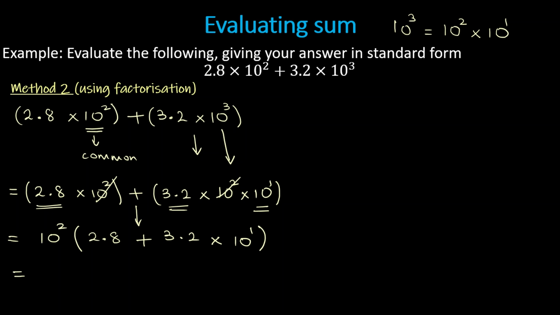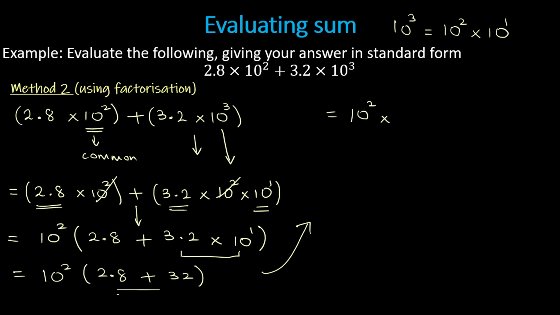Okay, we continue. This is 10 to the power of 2 times 2.8 plus, now this part here, 3 decimal 2 times 10. It is simply 32. Right? So let me continue the question here. This is equal to 10 to the power of 2 times 2.8 plus 32.